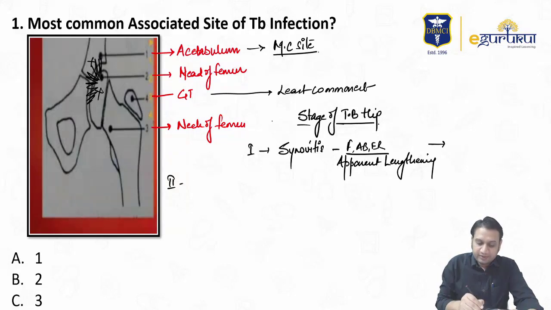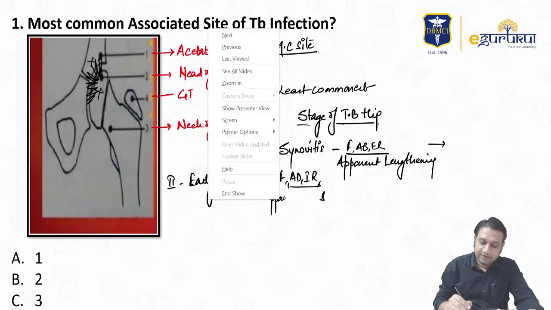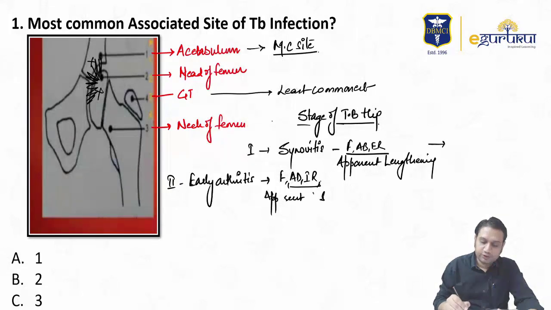Stage number 2 is what we call early arthritis. In early arthritis, the attitude changes to adduction and internal rotation, because now the bony changes have started destroying the joint. Here we get apparent shortening, that means the limb of the patient will appear to be short.